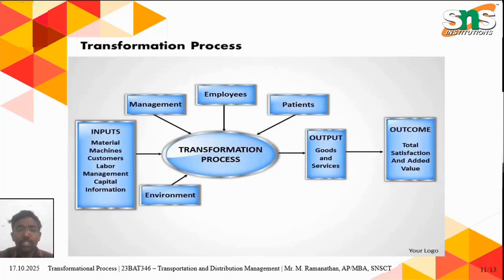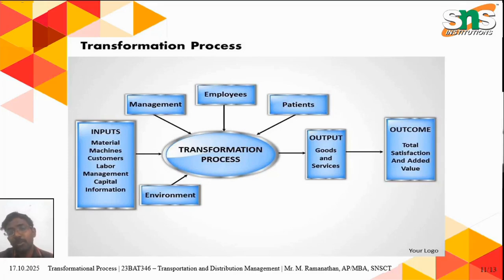This is the advanced transformational process, where inputs like material, raw material, machineries, customers, labor, management, capital and information are involved, along with environment management and employees. The transformational process has to be effective and efficient so that we come out with the desired output, goods and services.